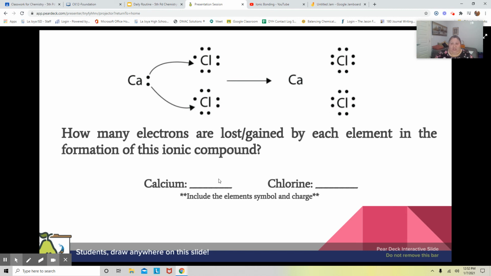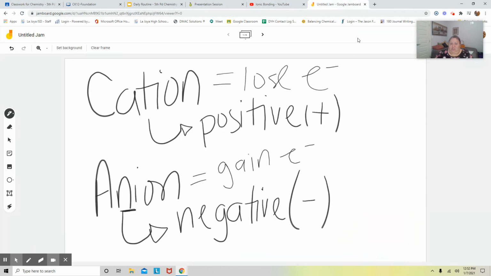Be careful. Remember, I showed you this Jamboard. Are you a cation if you have lost electrons, or are you an anion when you have gained electrons? What is going to be the case for this calcium?